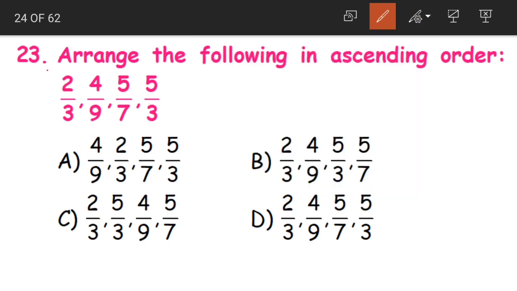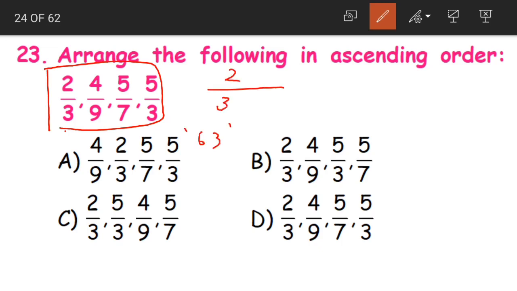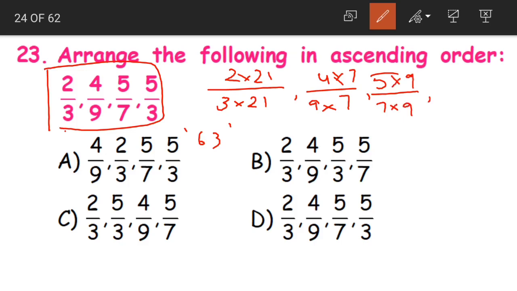LCM is 63. Now we have to convert all these fractions into like fractions with the denominator 63. Coming to the first one, 2 by 3, we have 3 21s are 63, so multiplying with 21. Next we have 4 by 9, 9 7s are 63, so multiplying with 7. Then 5 by 7, 7 9s are 63, so multiplying with 9.